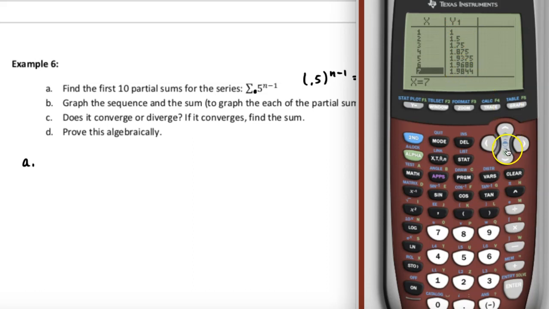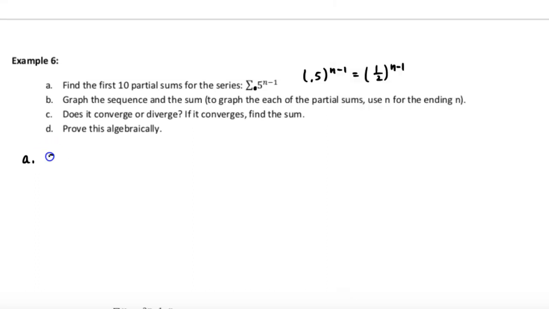All right. And these are going to be the first 10 partial sums in this series. And let's look at number 10. So number 10 is getting close to 2. Actually, if I keep going, I'm getting close to 2. This might give me a hint that that might be the limit. But let's not get ahead of ourselves here. Let's just first start by copying down the first 10 values.